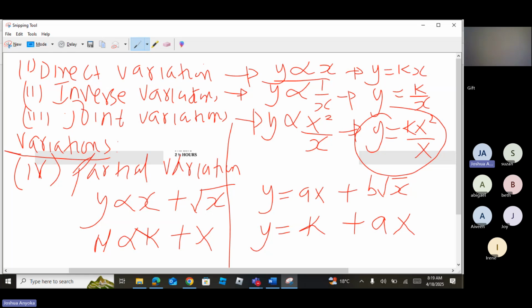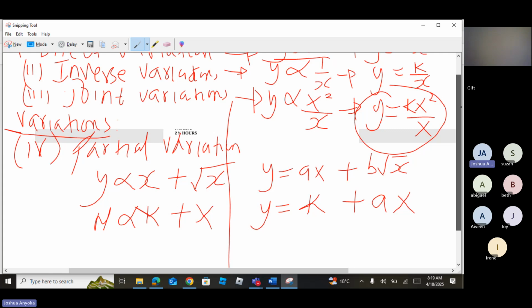Remember, k was constant. The quantity n is partly constant and partly varies as x. When there is a constant, we don't introduce a constant of proportionality because already it is a constant. It does not have a variation.